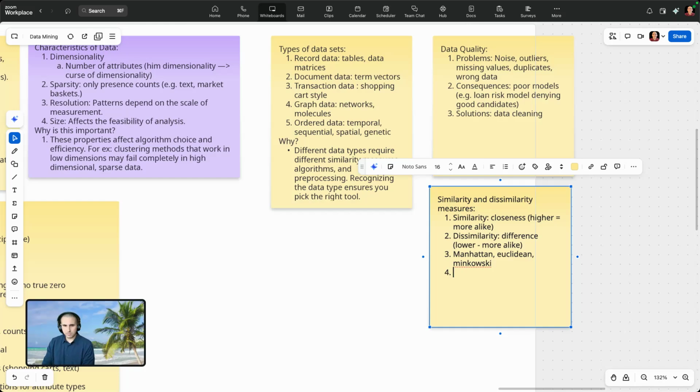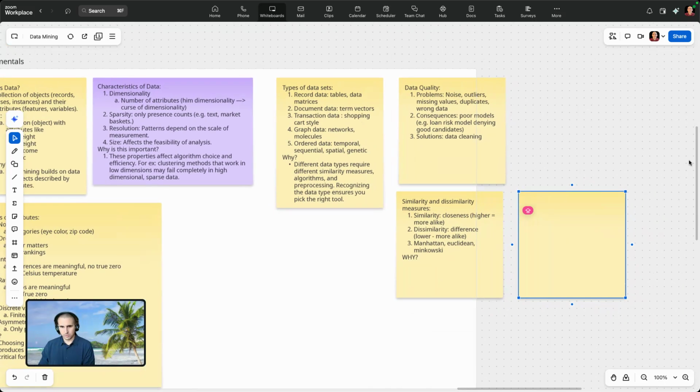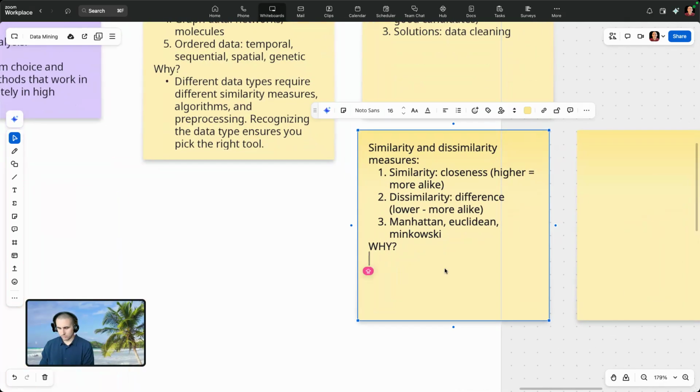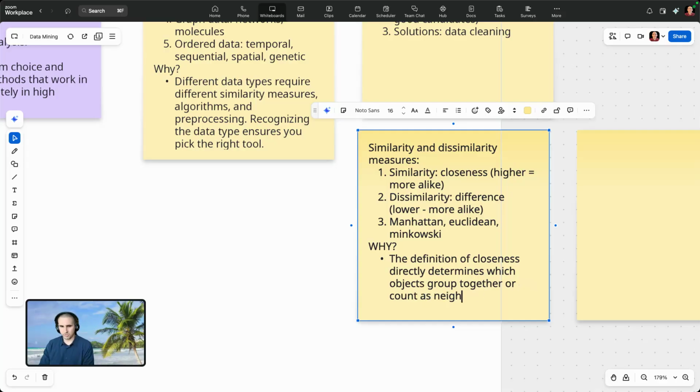And why is this important? The definition of closeness directly determines which objects group together or count as neighbors.